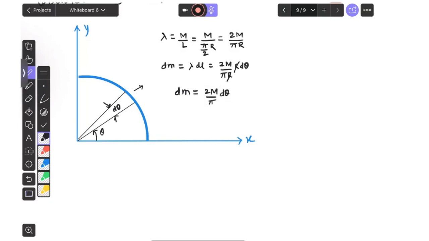And every other thing is going to be the same, no? If I drop a perpendicular here, the x coordinate of the selected differential element is r cos theta, and the y coordinate is r sin theta.